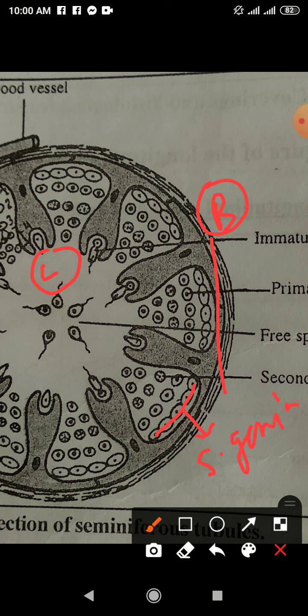Then in the intermediate zone there are primary and secondary spermatocytes. In the inner layer there are spermatids, and these are the spermatozoa, located in the lumen of the seminiferous tubule. So these are the spermatogenic cells.